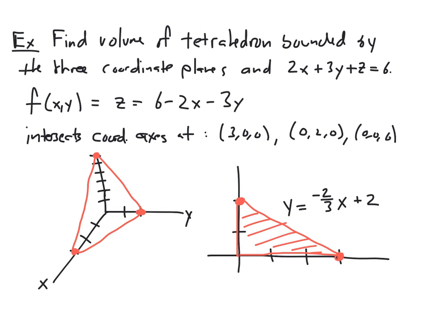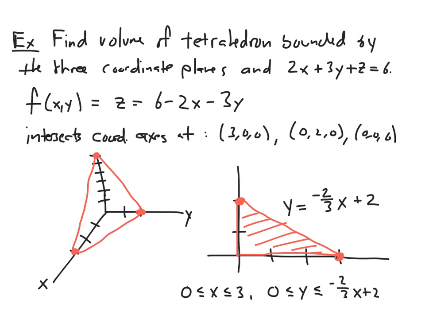That tells us that, in the easiest case, I want y to range between functions of x, which means I want x to range between two constants. The x values of the region range from 0 up to 3, the largest value of x in this region. And then y is going to range between 0 and this line, negative 2/3 x plus 2.